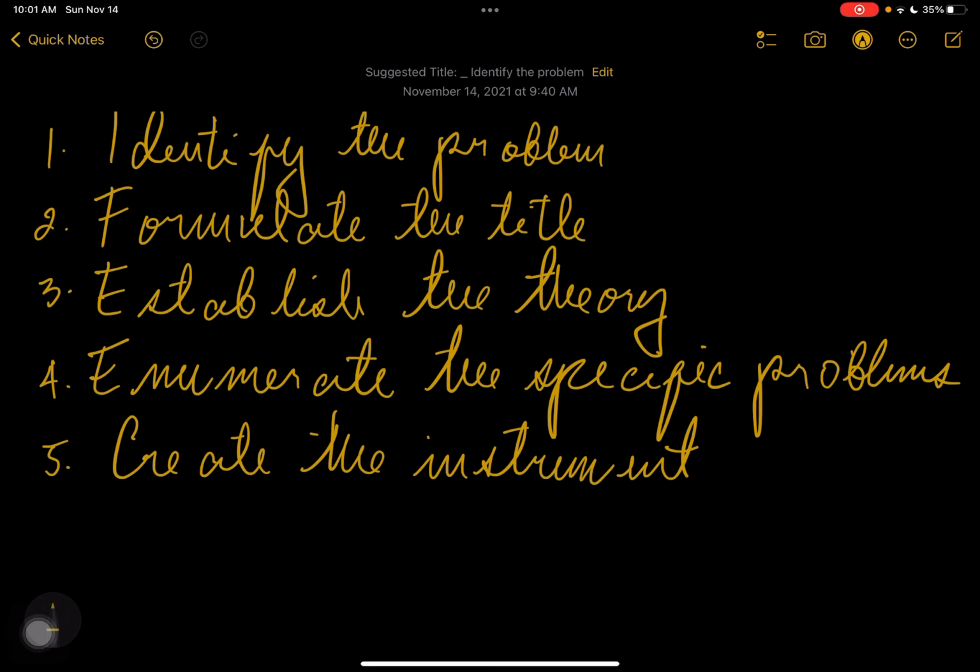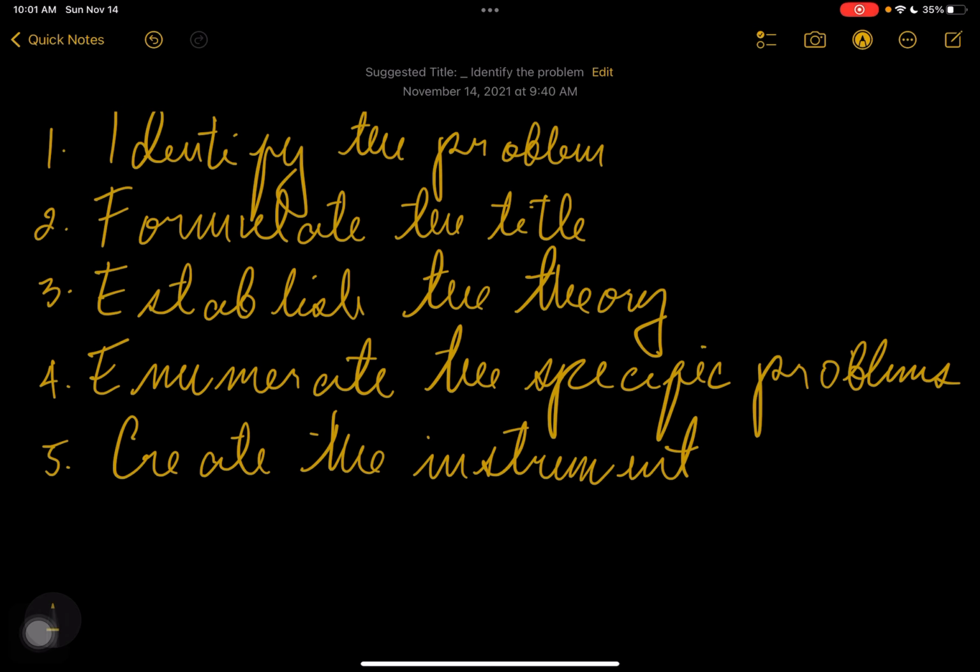Okay, next, the fourth element is enumerate. Enumerate the specific problems of your study. So from number 1, the general problem of your research, which is formalized through your research title. In your research title, the general problem would also be reflected. In number 4, you specify and break down this particular general problem.